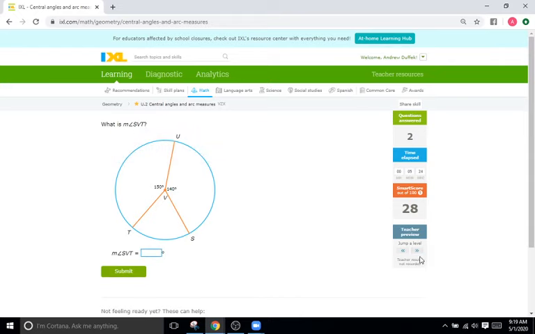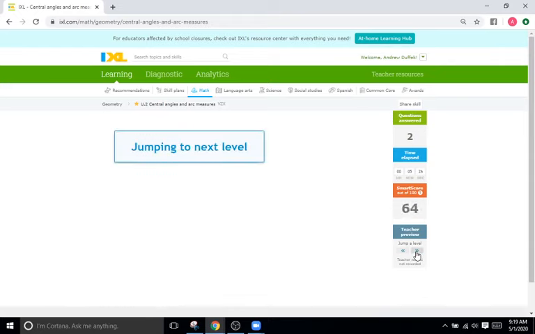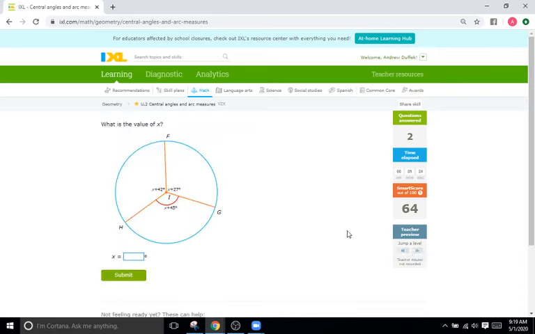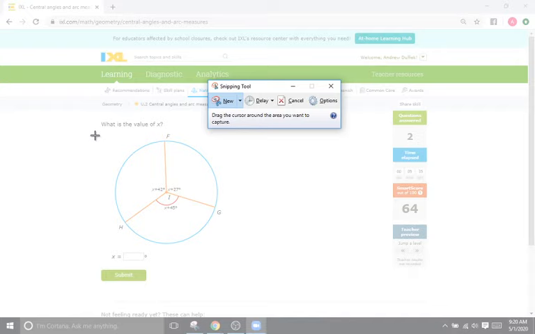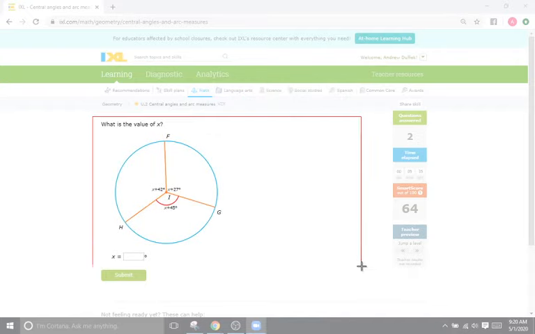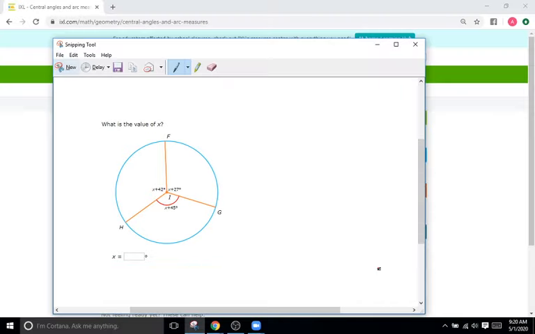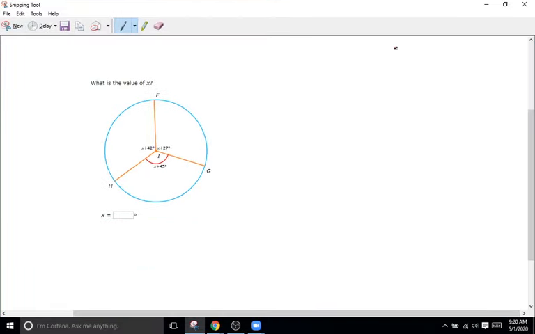Same problem. Okay, same type of problem right here, except now we have some algebra we're going to work through. So we'll work through this problem. The same type of deal.